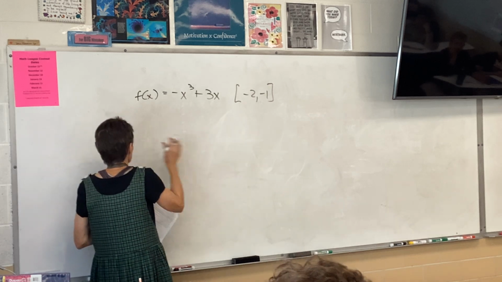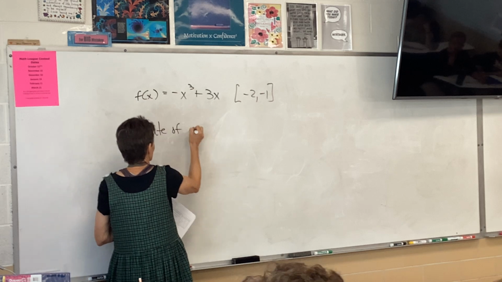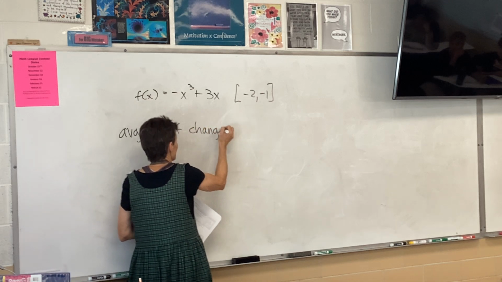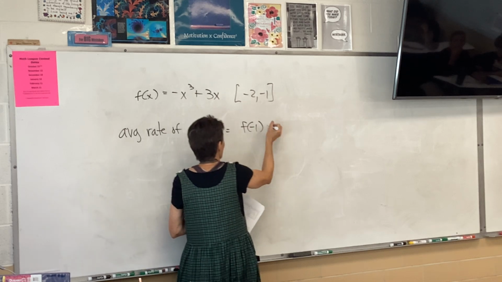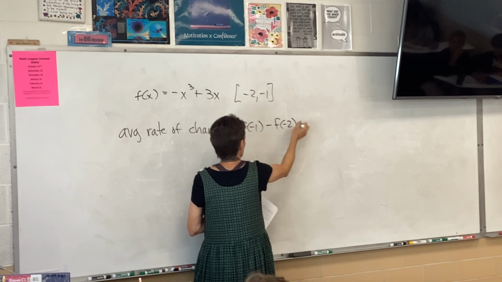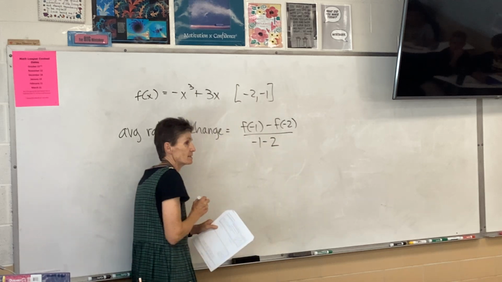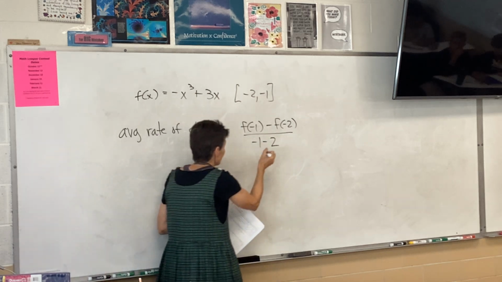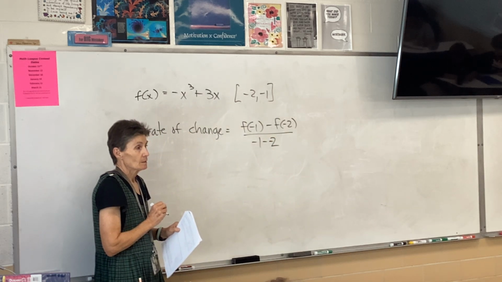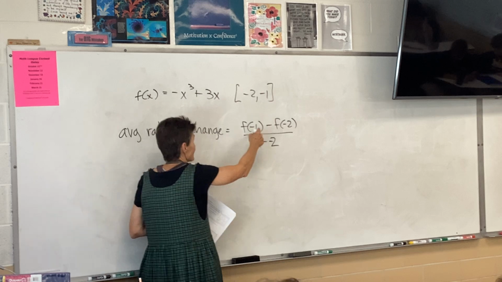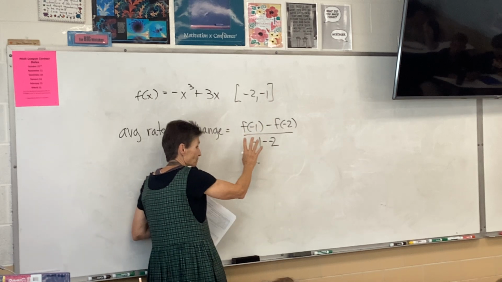The average rate of change is going to be f of -1 minus f of -2 over -1 minus -2. What does this mean? This looks different, but this is the way we have to write it.